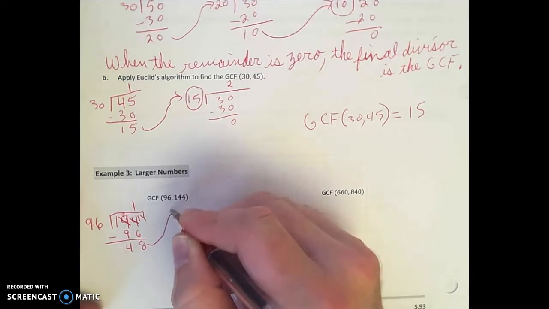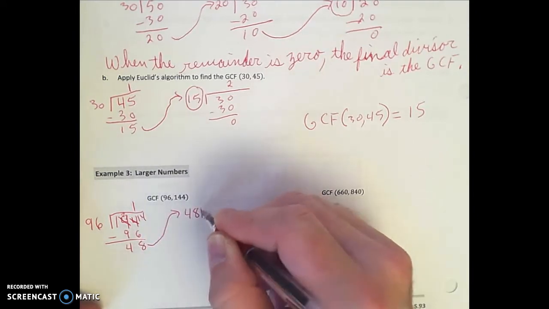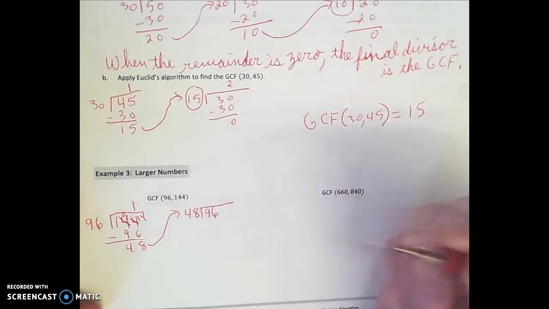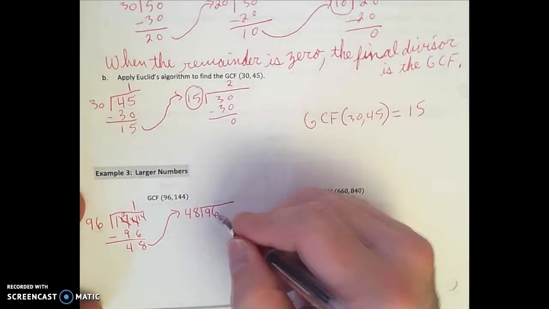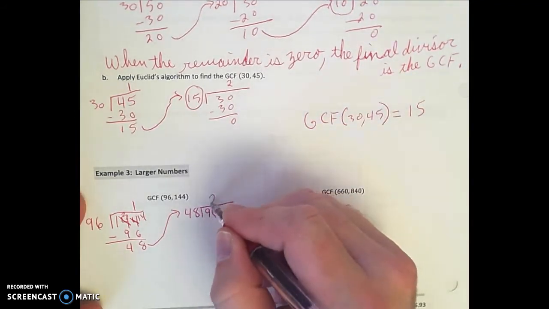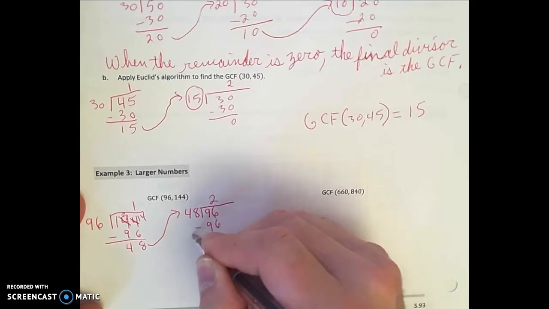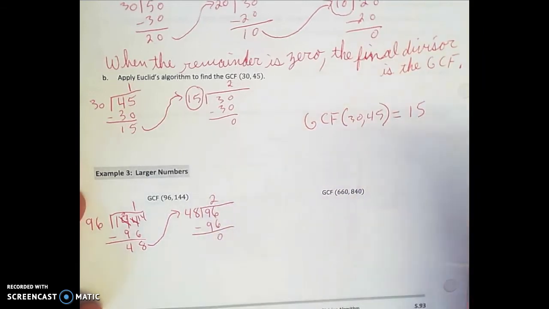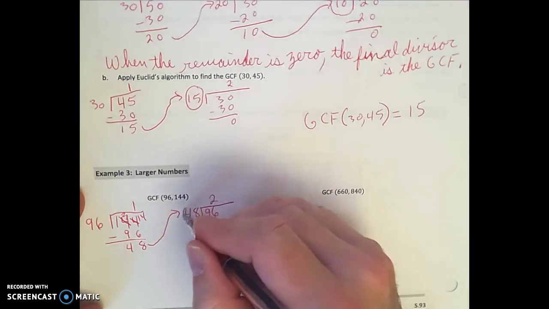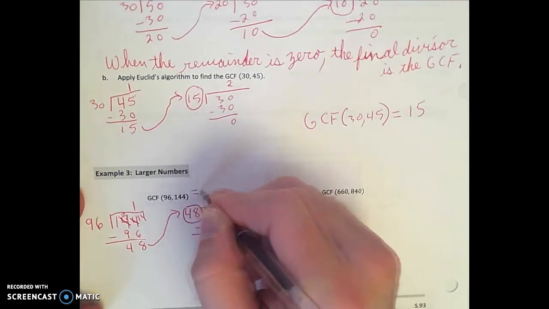So now let's try 48 as the divisor, and 96 as your dividend. So 48 goes in 2 times. 48 times 2 is 96, so we have a remainder of 0. So 48 becomes our GCF.